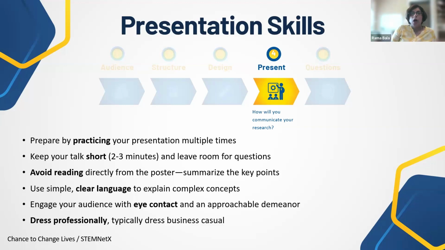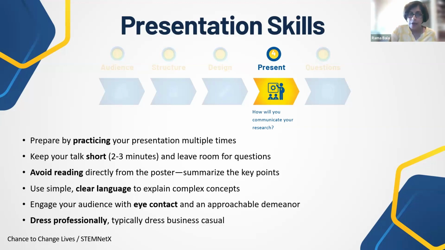For example, your presentation of your data can be enhanced if you keep your actual presentation not more than 5 minutes. Keep it short. I say 2 to 3 minutes, but 2 to 3 minutes is probably very limited time.